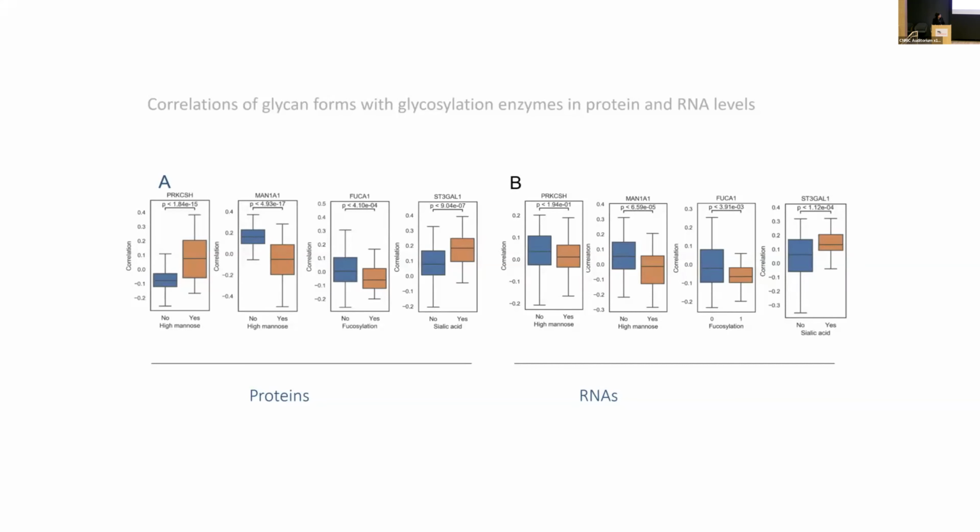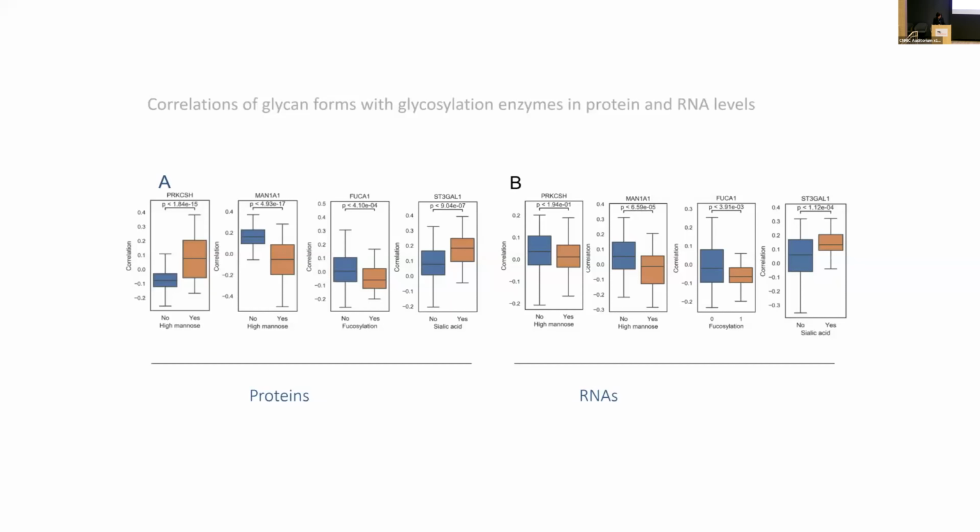Fucosylated glycoproteins are positively correlated with fucosyltransferase and negatively correlated with fucosidase, and sialylated glycoproteins are positively correlated with one of the sialyltransferases, ST3GAL1. This has been observed at both the proteomic level and the RNA level.